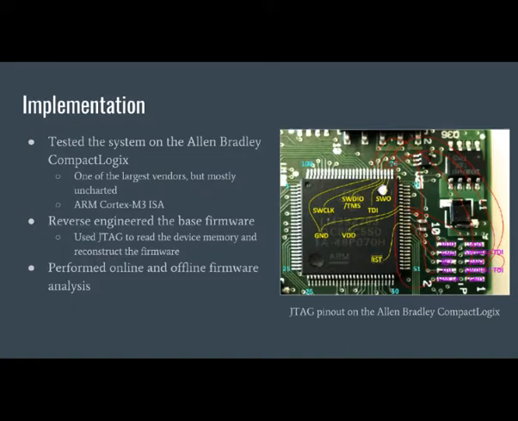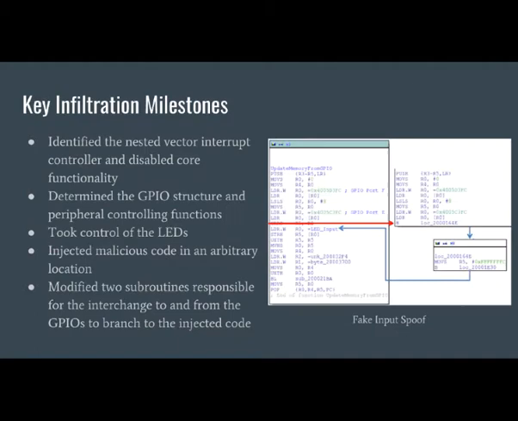They had to read the base firmware off the PLC, which doesn't come over the internet or through a firmware upgrade. So they had to perform both online and offline analysis in order to fully decompose the firmware.